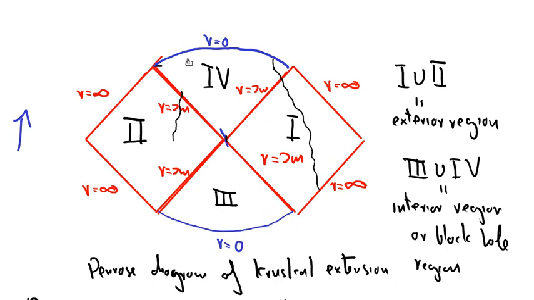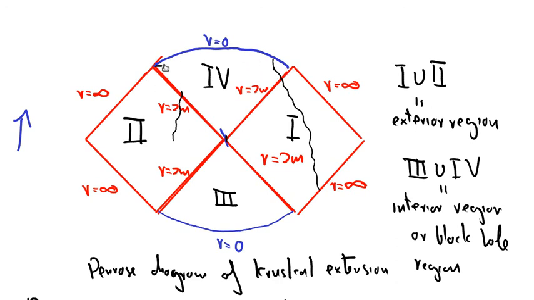Just remember that we are looking at the Kruskal space-time from the outside, and that enables us to see or define things as the shape of the space-time. And so, in particular, we have the shape of the singularity.